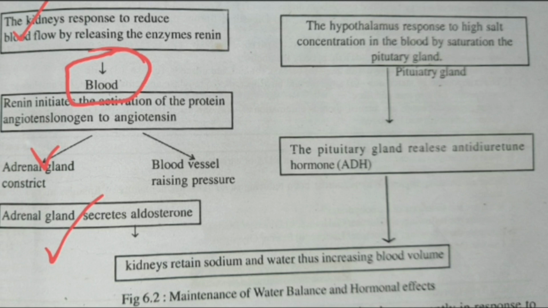In the right part, the hypothalamus responds to high salt concentration in the blood by stimulating the pituitary gland. When the hypothalamus detects that the concentration has become higher, it starts to release ADH from the posterior pituitary. So the pituitary gland becomes activated and releases the antidiuretic hormone, that is called ADH.